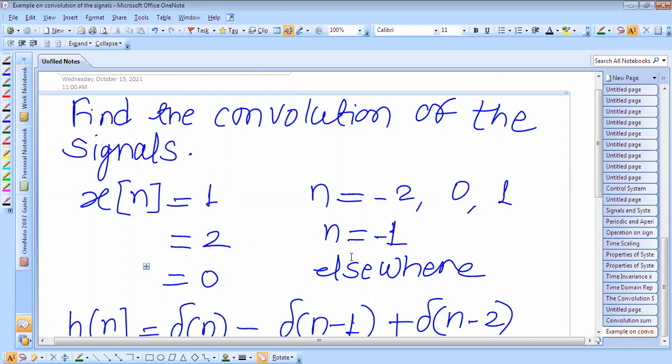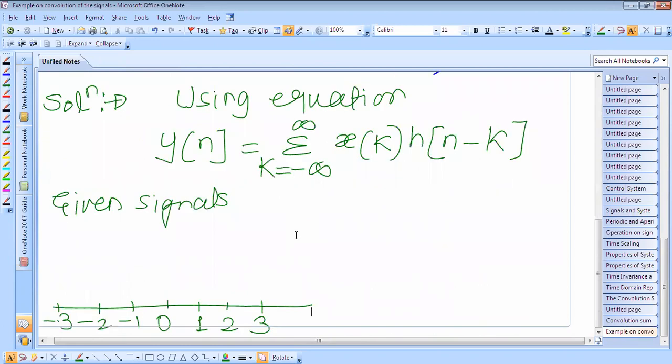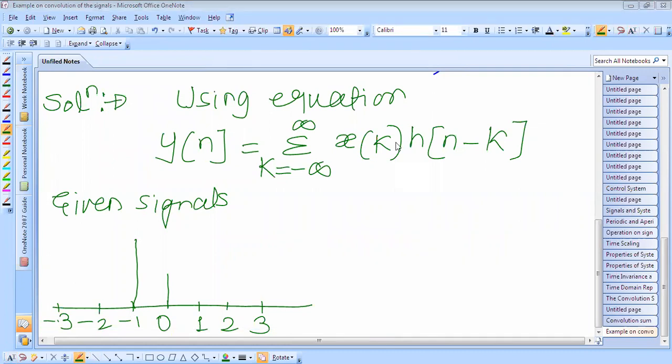So from this I am drawing this figure. For 0 it is 1, for -1 it is 2, and for -2 it is 1.